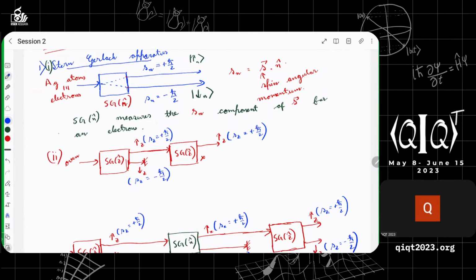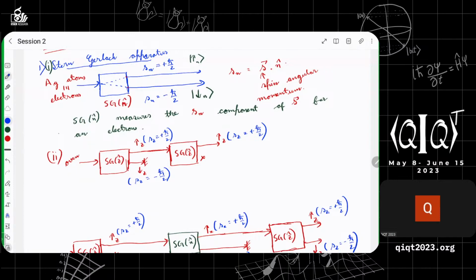Now, last day we talked about the Stern-Gerlach apparatus in terms of silver atoms. But really, it was only the unpaired electron in the 5s orbital of the silver atom which was leading to all this phenomena.